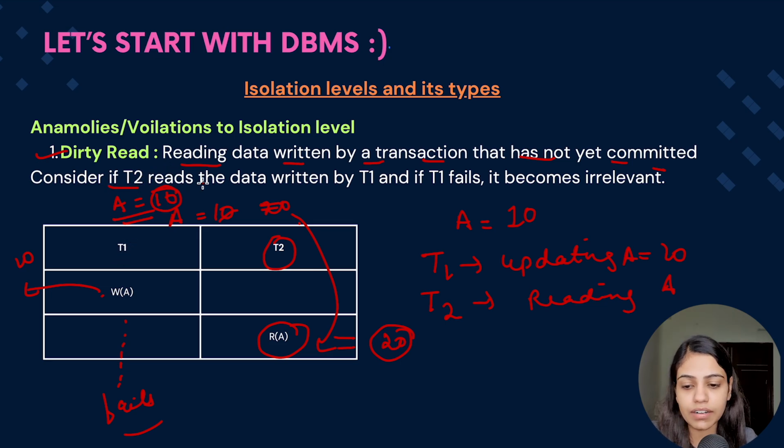Whenever transaction T2 reads data written by transaction T1, and T1 fails, the read becomes irrelevant, because T2 is reading incorrect data which is not present. So it is stale data, and it is performing all its operations on stale data. Whenever there is a write followed by a read like this, we call it a dirty read.